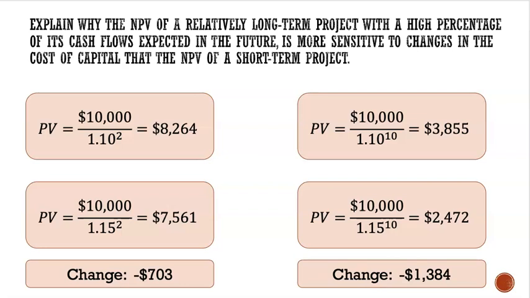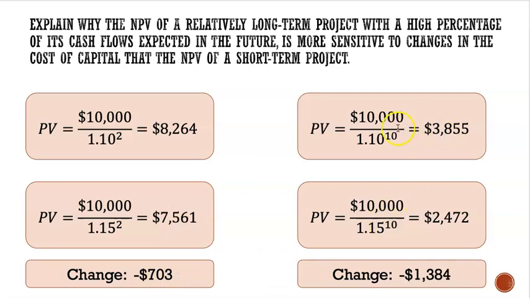The reason for the greater sensitivity as it relates to long-term projects is simply about time value of money. If you look at these examples, $10,000 2 years from now, at 10%, the present value will be 8264. If the rate goes up to 15%, that present value drops to 7561, a reduction of $703.